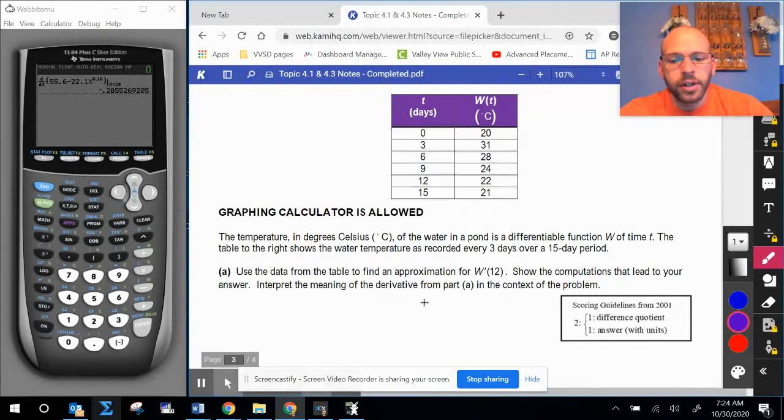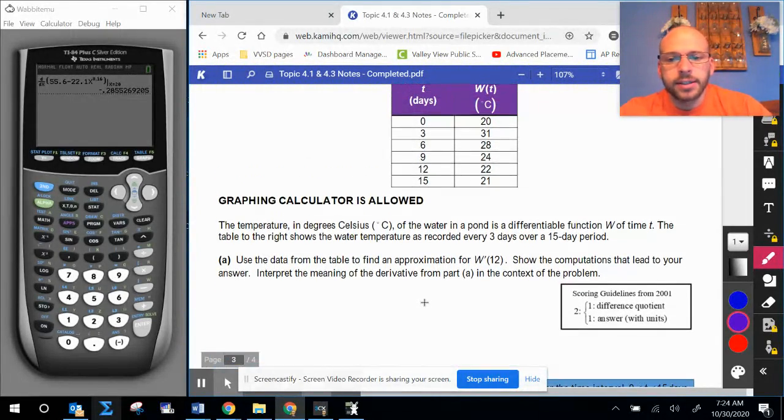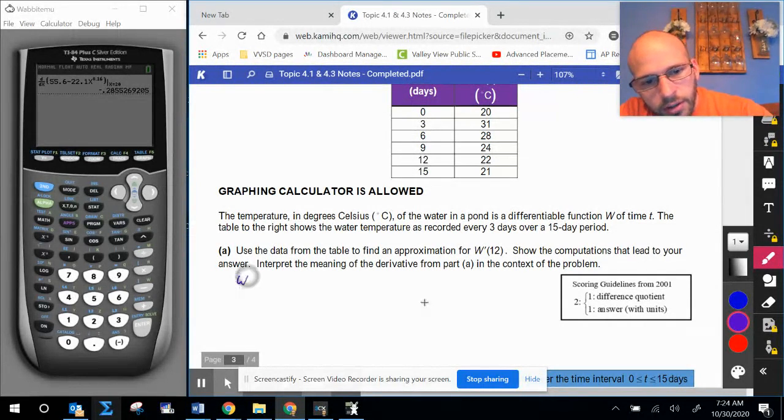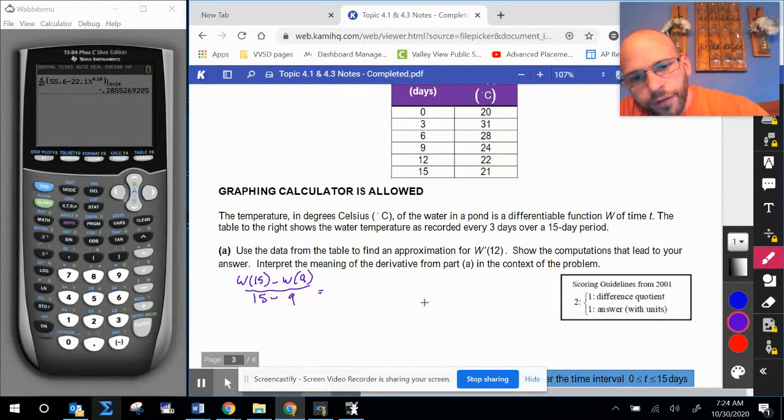Interpret the meaning of the derivative in part A in the context of the problem. So the best I can do to approximate W prime of 12 is to find the average rate of change for the values around it. Okay, so W of 15 is going to be 21.